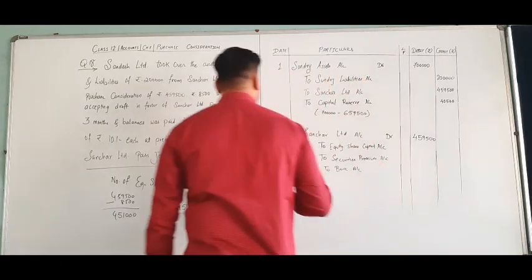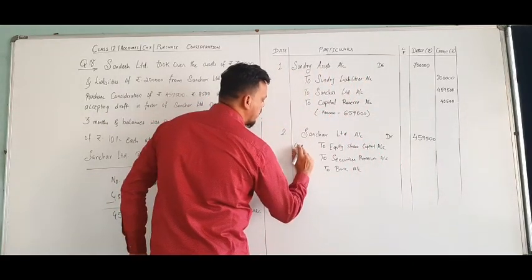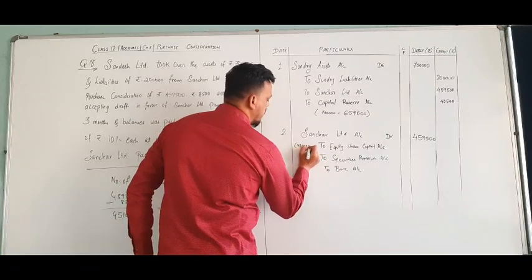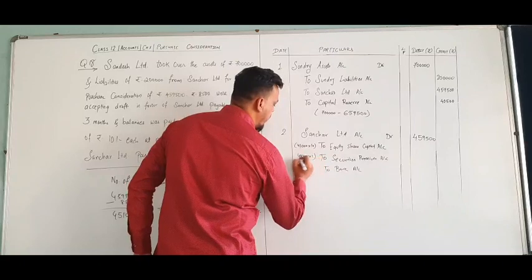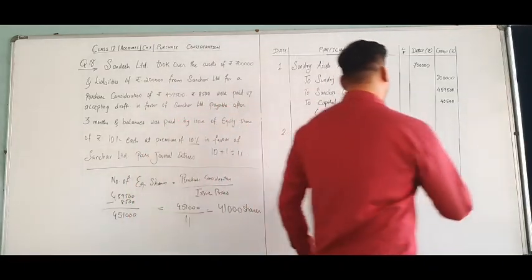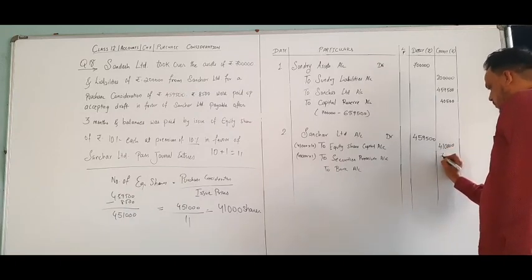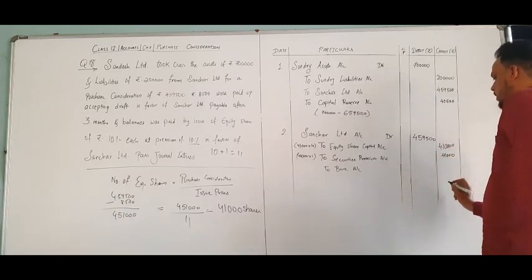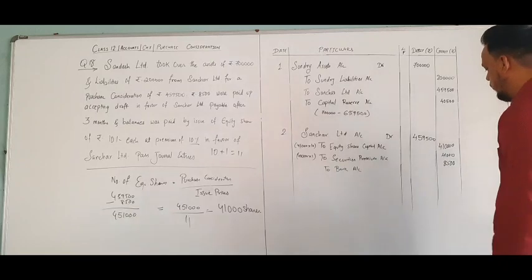As per the calculation, 41,000 multiplied by 10 and 41,000 multiplied by 1 gives 4,10,000 for share capital and 41,000 for securities premium. The rest of the amount given to Sanchar Limited is 8,500.